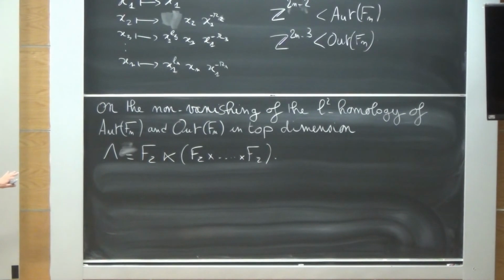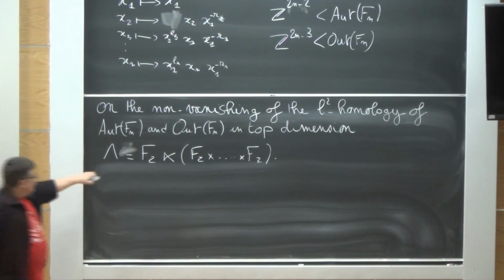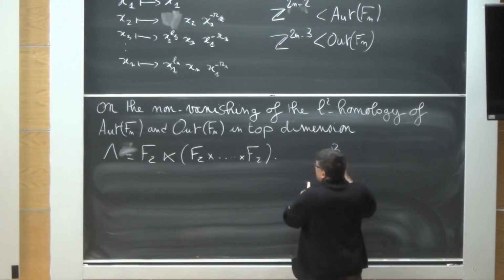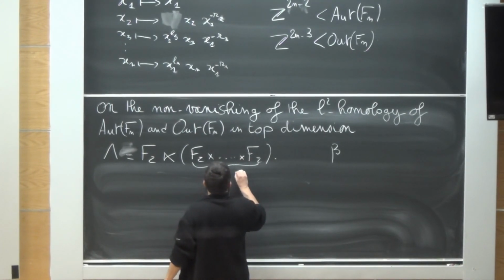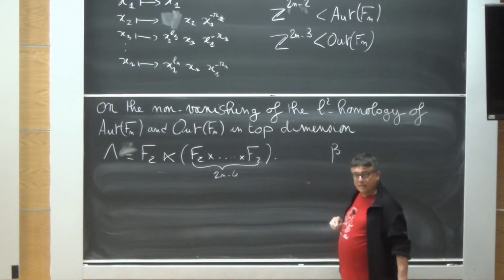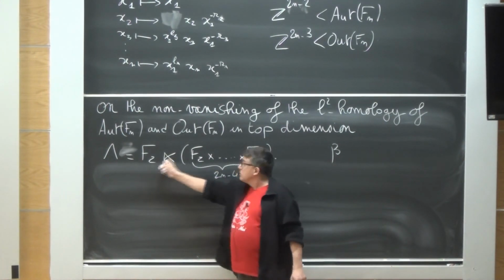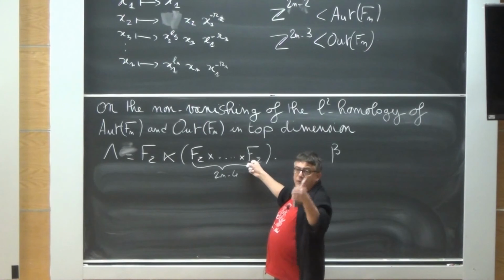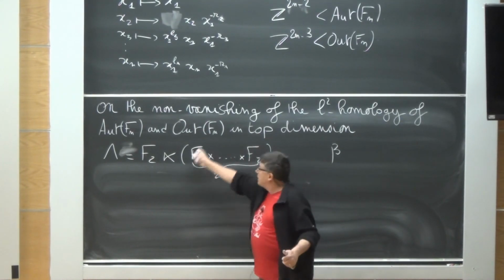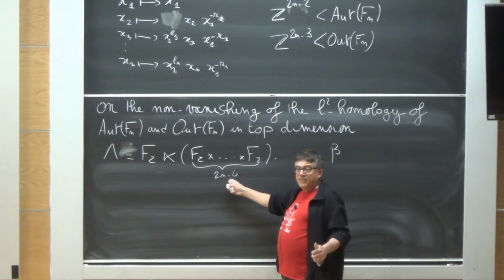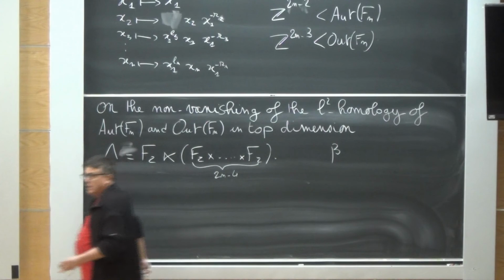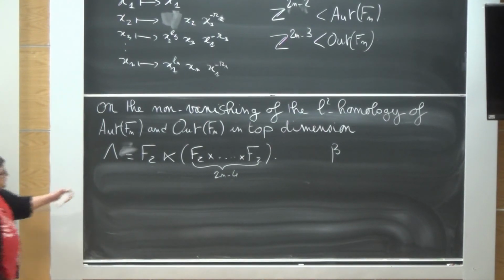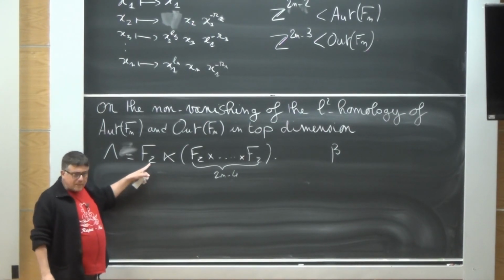And I will explain this group to you, and this will be the conclusion. Okay? So this group, first of all, here you have how many? 2n minus 4 copies plus 1. So here for the free group, the first L2 Betti number is non-zero. By the Künneth formula, in this dimension, this is non-zero for the direct product.